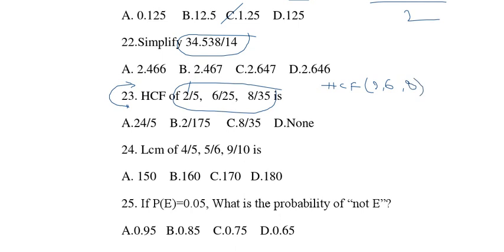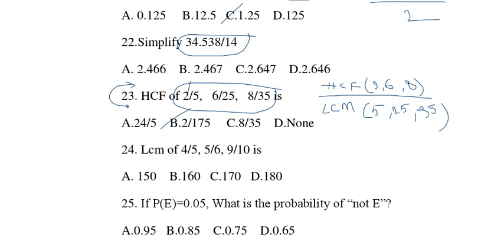If you find it, then you will get the answer 2 by 175, which is correct. First find the HCF of the numerators and write it in the numerator. For the denominator, these numbers 5, 25, 35, find the LCM and divide it, you will get this answer.